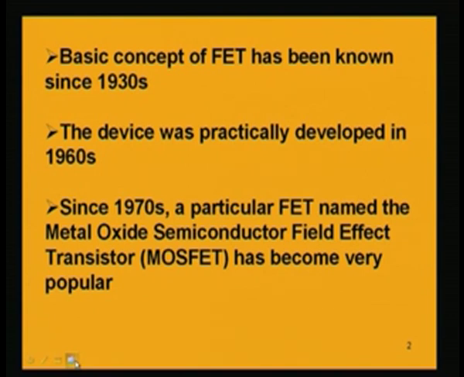Since the 1970s onwards, the MOSFET has been used immensely, and nowadays we find its application in VLSI circuits, that is, very large scale integration circuits, where you can assemble hundreds and thousands of circuits in an IC.